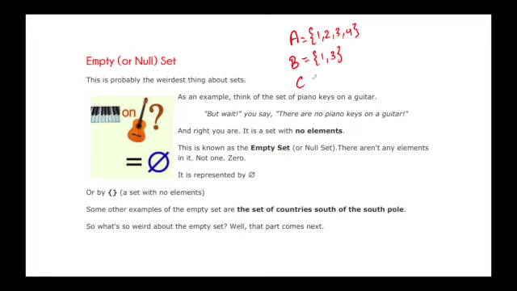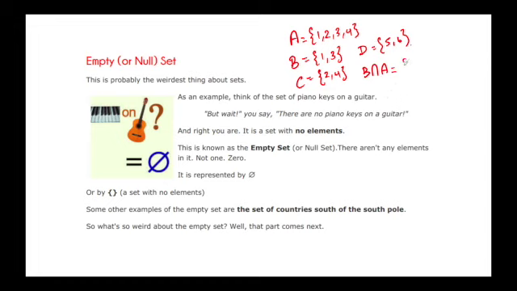We have the set C, which is 2, 4. And we have the set D, which is 5, 6. Right? So let me see if you guys could tell. Now, what is B intersect A? What is that?